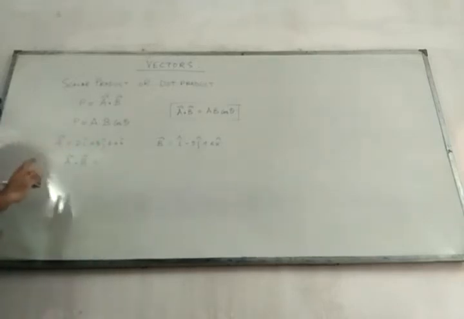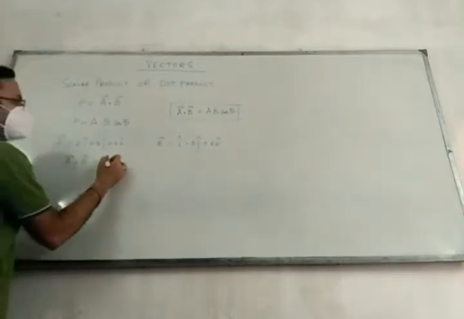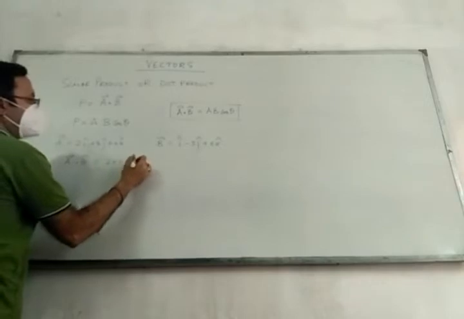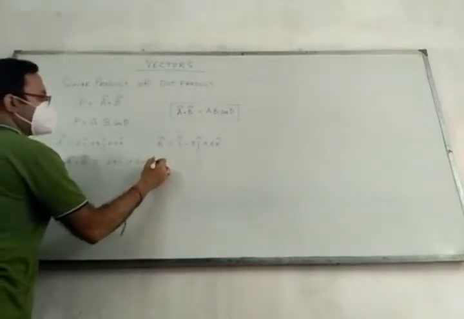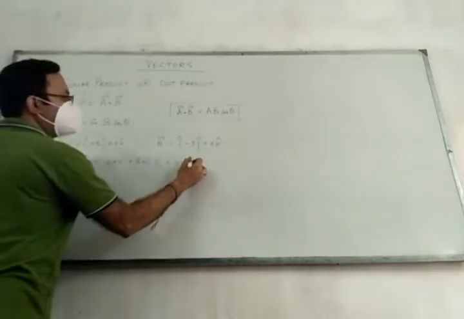Only the coefficient of i dot coefficient of i, j with j, k with k. Hence it will be 2 into 1 plus 3 into minus 5 plus 4 into 6. That's it. Whatever comes out, that is the answer.